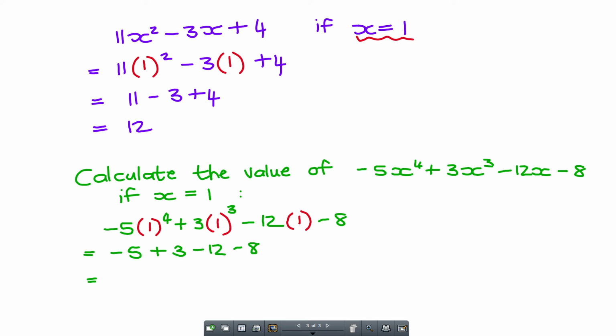Yes, you've got to show me that you substitute. That's a mark. Okay, and then the final answer. So minus 5 plus 3 is minus 2, so minus 14, minus 22. Okay, so you should have gotten minus 22. Did you guys all get that?